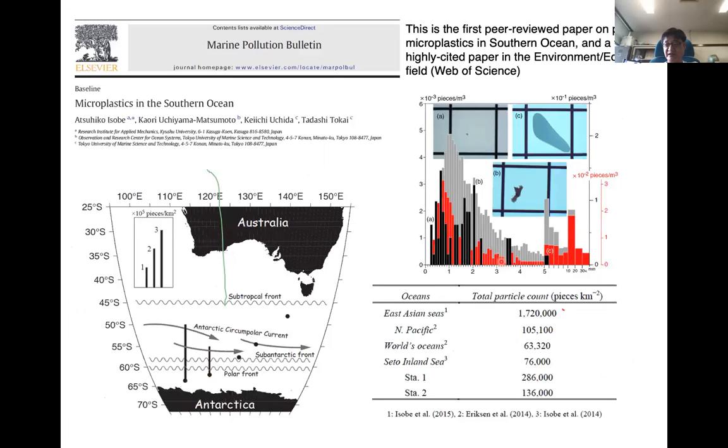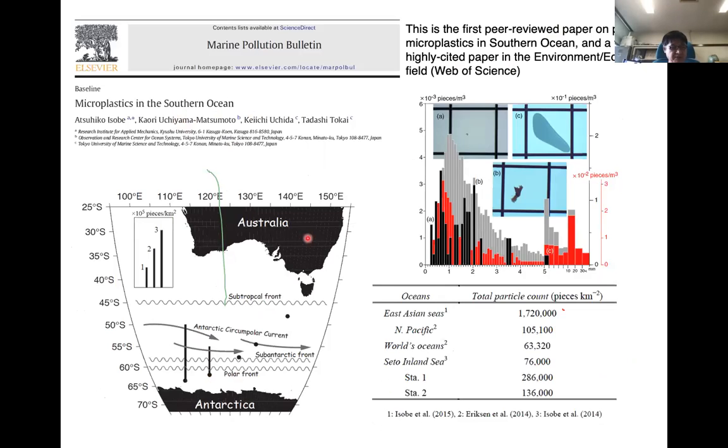And as I said, we have found microplastic in the Southern Ocean. This is the first report in the world, and this is the first peer-reviewed paper on pelagic microplastic in the Southern Ocean. It has become a highly cited paper, in the top 1%, published in 2017.